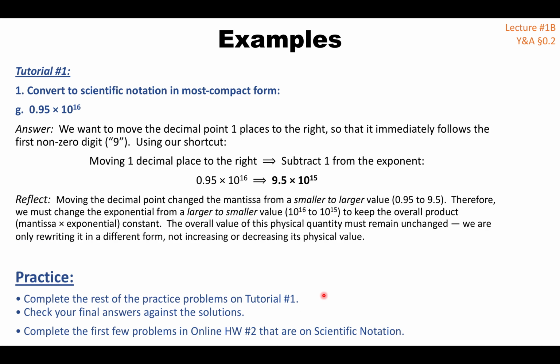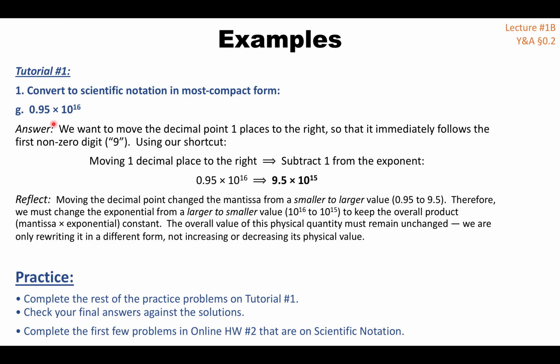One more example. The decimal place shuffle works really well when you have a value that's in some sort of power of 10 notation, but it's just not in our conventional most compact form. In that case, it would be a little more laborious to convert this back to a regular number and then back into scientific notation.